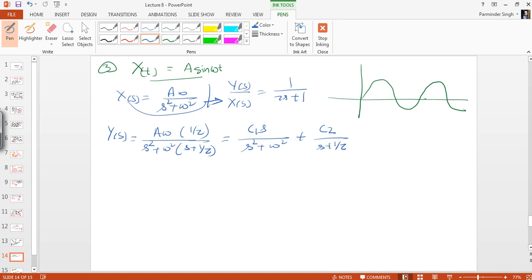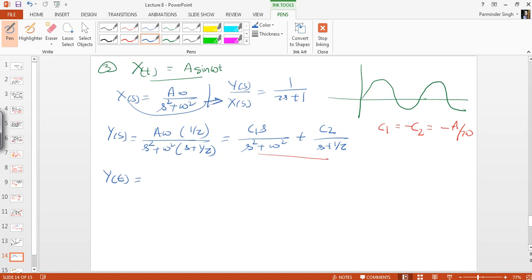On partial fractions, you can calculate the value of c1 and c2. I'll give you the values of c1 and c2. Your c1 comes out to be minus c2, which comes out to be minus A by tau omega. Clear? So once you have the values of c1 and c2, substitute over here and take the Laplace inverse.